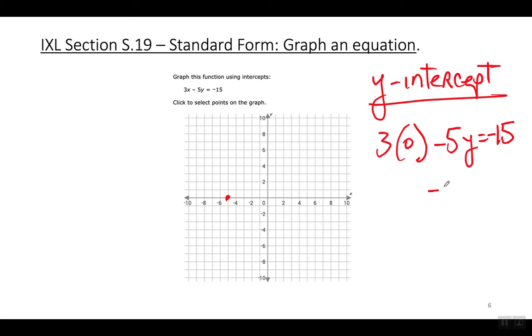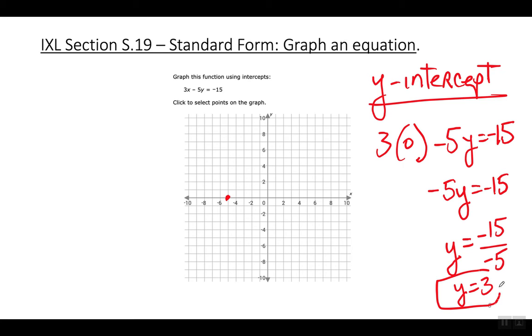You should do it with mental math. So negative 5y equals negative 15, which means that y equals negative 15 divided by negative 5. So y equals positive 3. So when x is 0, y equals positive 3. Cuando x es 0, y es igual a positivo 3.